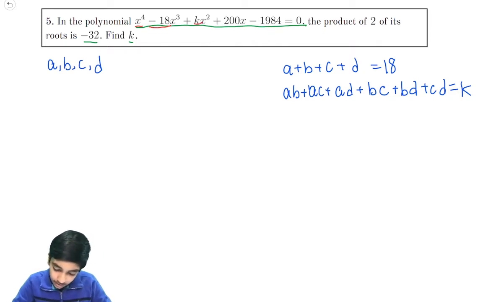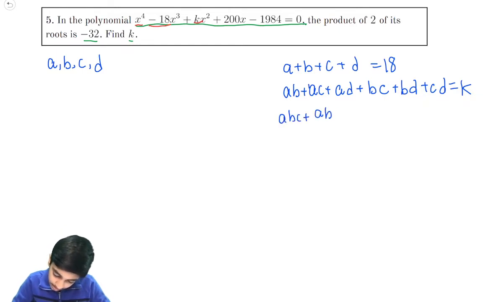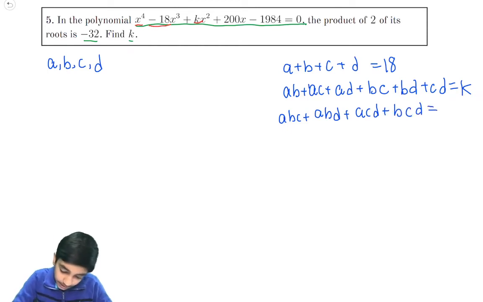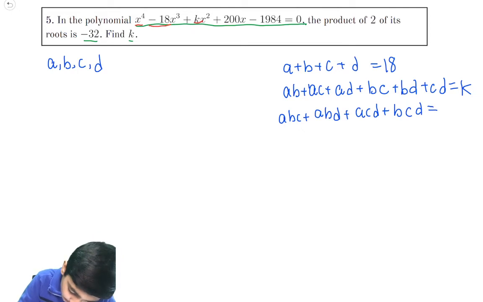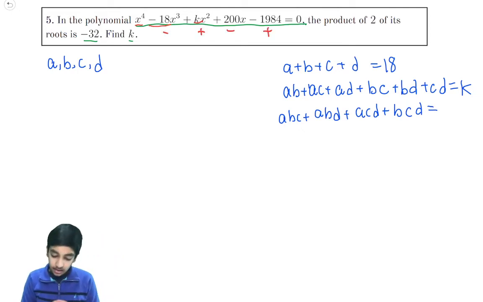And the sum of the products of three roots is abc plus abd plus acd plus bcd, which is going to be equal to negative of negative 200 divided by 1, or 200. I should have written in the beginning the signs negative, positive, negative, positive, like I taught in the class.